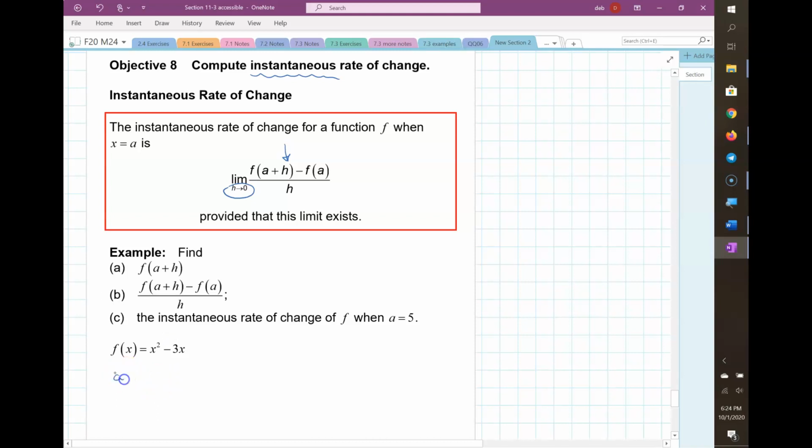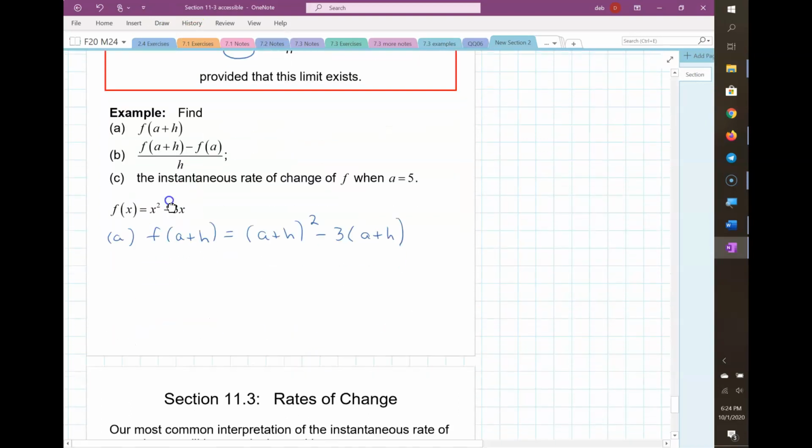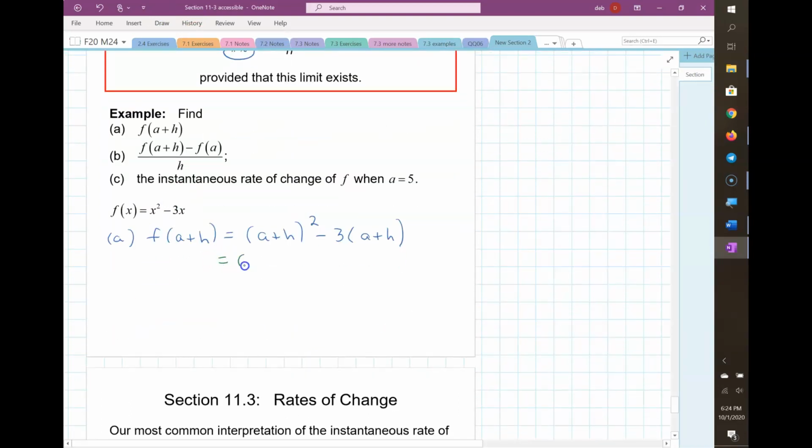So the example breaks it down for you, and it says first find f of a plus h. So we've done a lot of practicing of what if I plug weird things into the function? It just means I take a plus h, gathered together as a single quantity, and drop it into the function everywhere I see an x. Then I want you to do all the algebra that you can and get rid of all the parentheses.